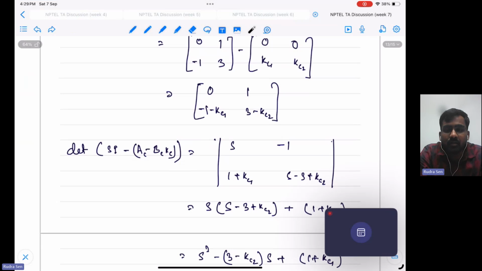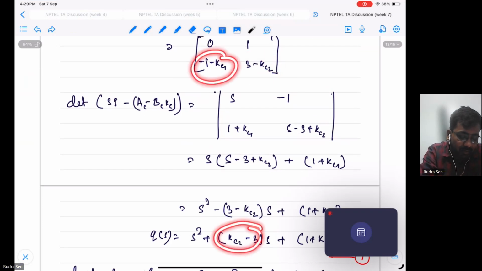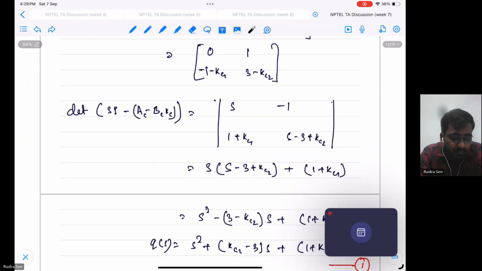Whether the system is big or small doesn't matter, because in controllable canonical form you can directly put in these terms, as we have seen in the first lecture how to find the characteristic equation from the controllable canonical format.